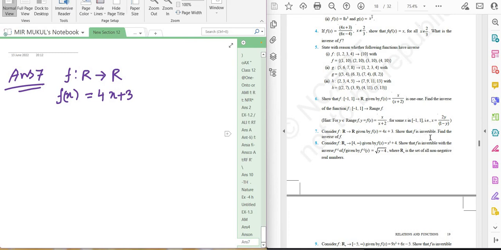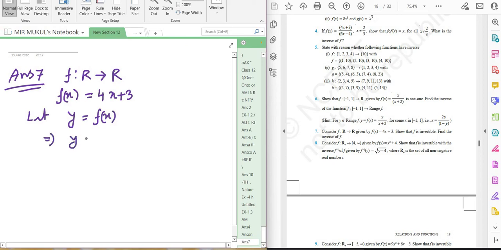Show that f is invertible and find the inverse of f. In this type of question, you consider let y equals f(x).